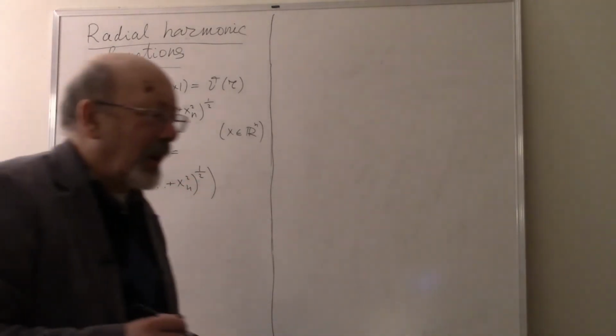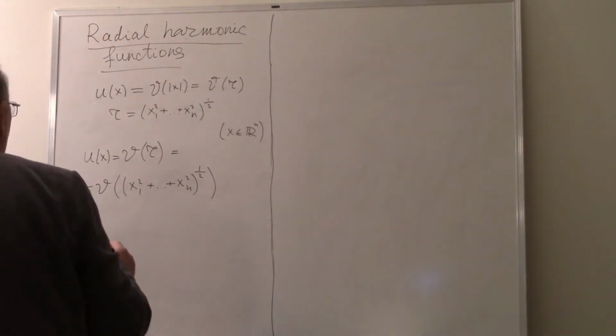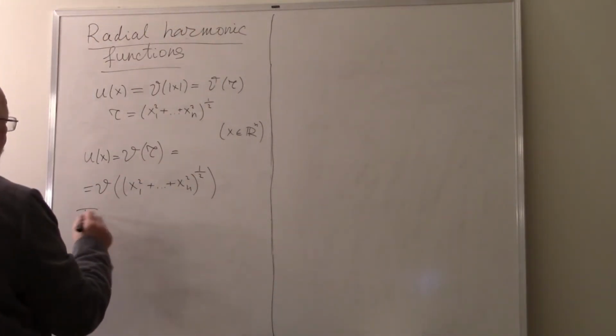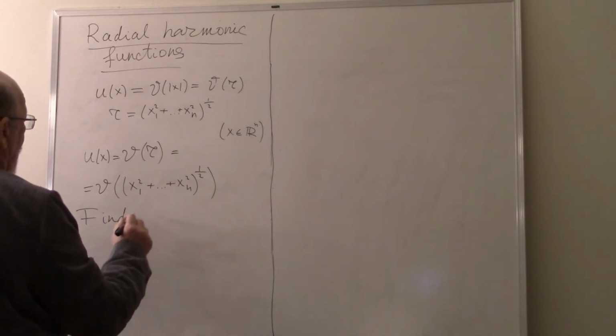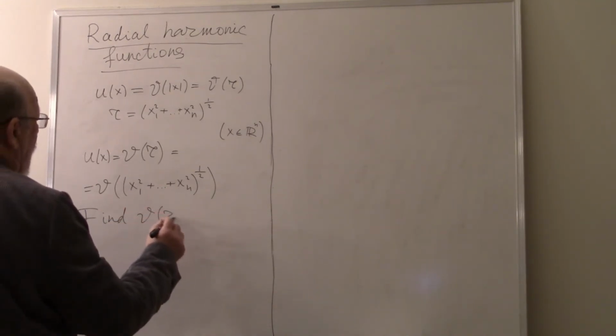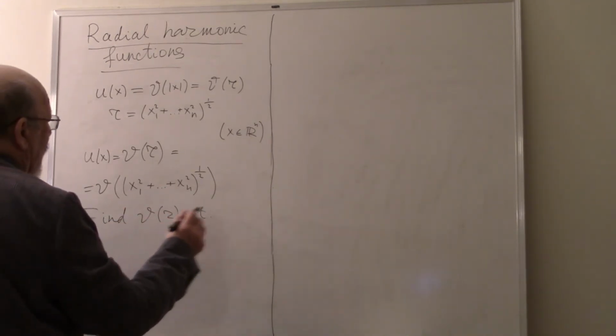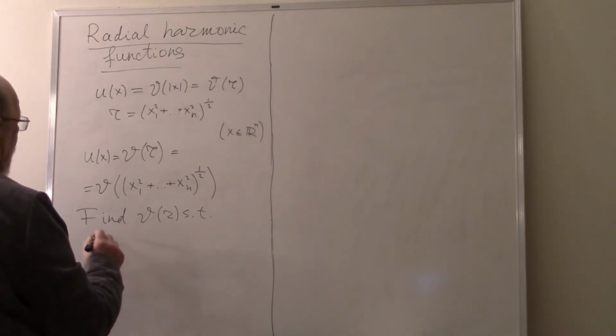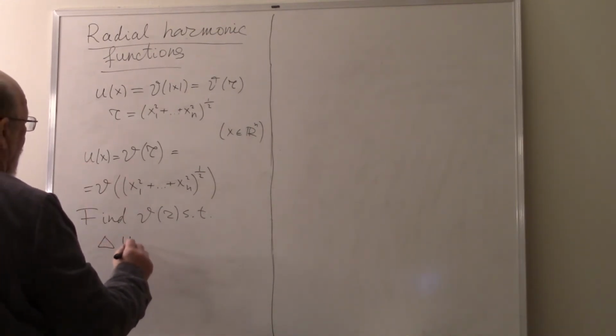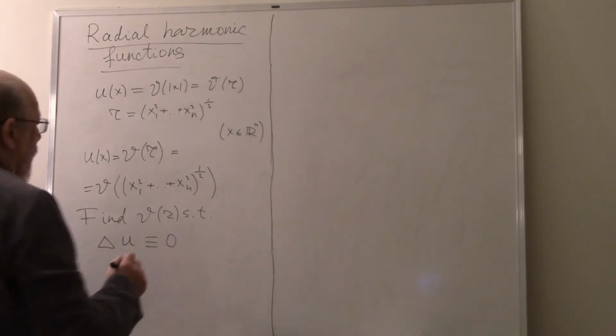Now I want to find v of r such that the Laplacian of the function u were 0.